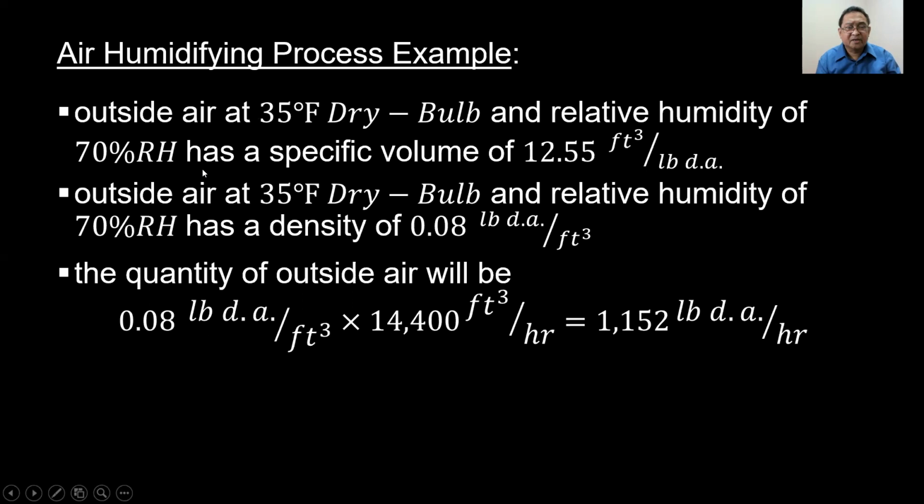So the outside air at the same conditions has a density of 0.08 pounds of dry air per cubic foot. It is the reciprocal of your specific volume. And the quantity of outside air now will be equal to 0.08 pounds of dry air per cubic foot times 14,400 cubic feet per hour. We have 1,152 pounds of dry air per hour.